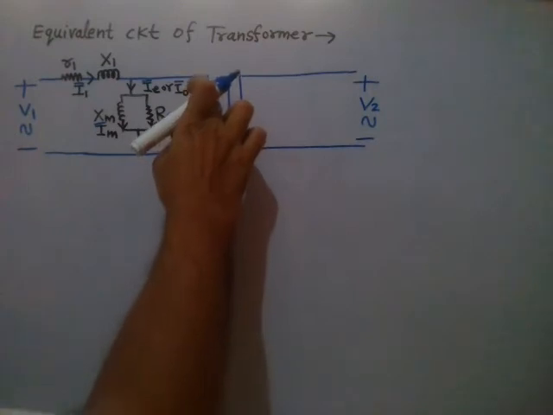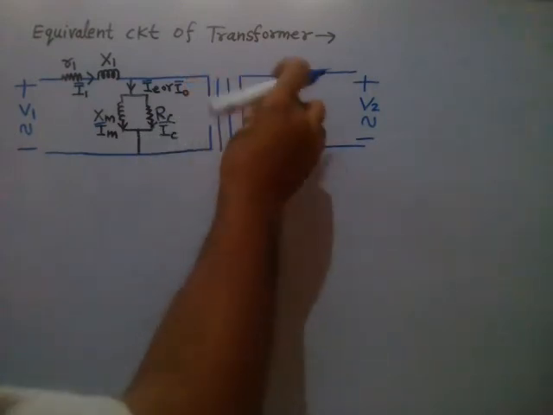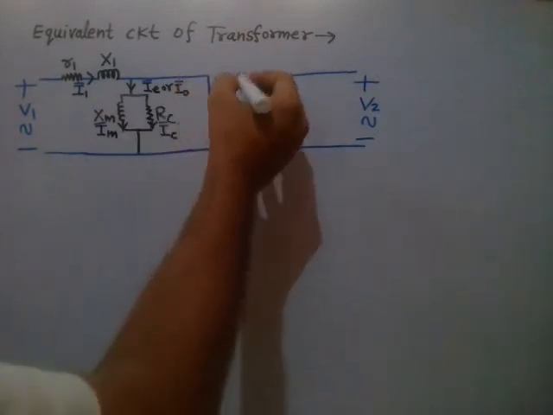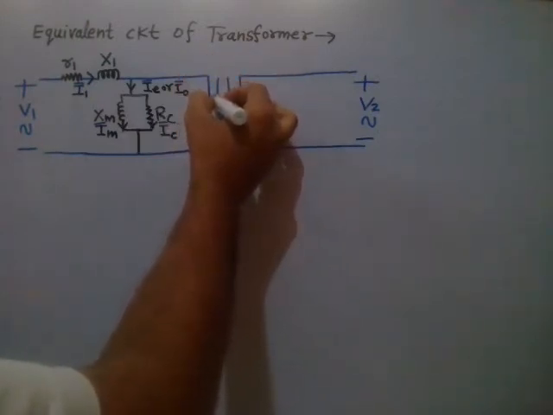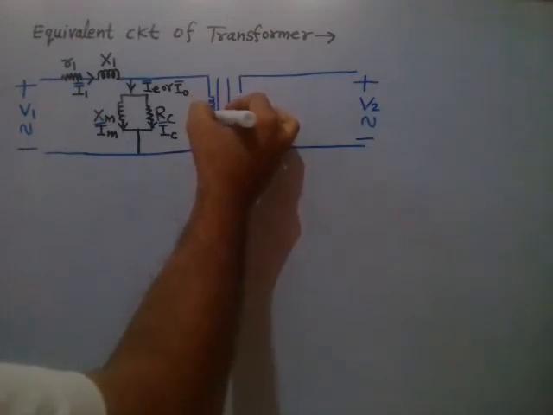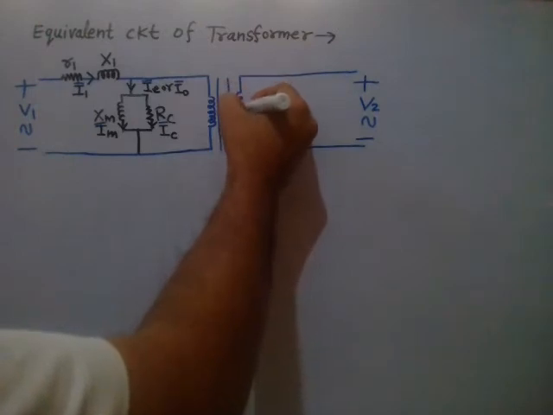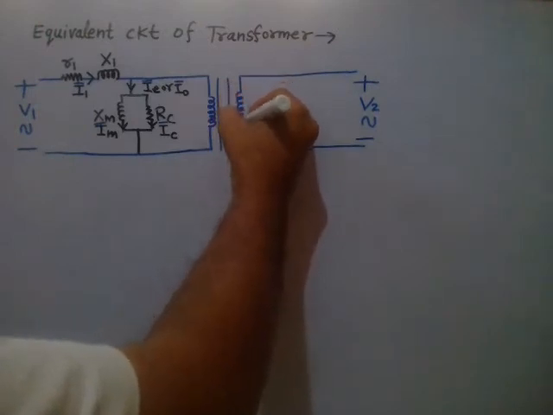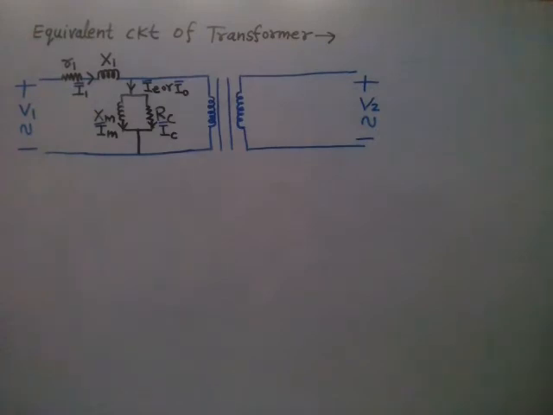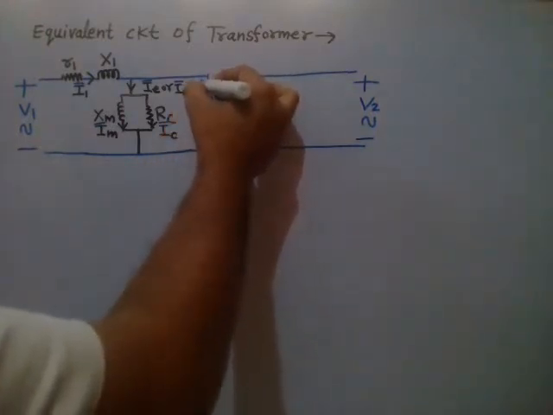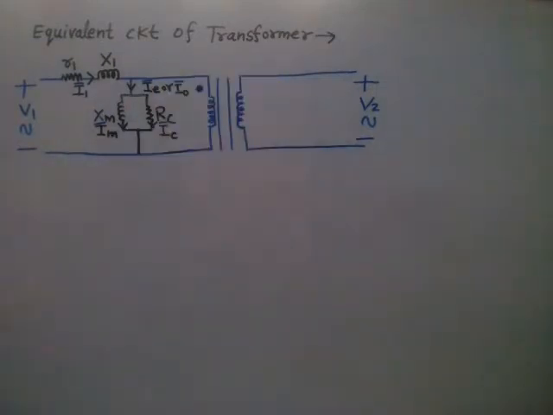Now here, let me draw the windings of the transformer. This is the primary side winding, this is the secondary winding. We have already discussed the operating principle of the transformer.